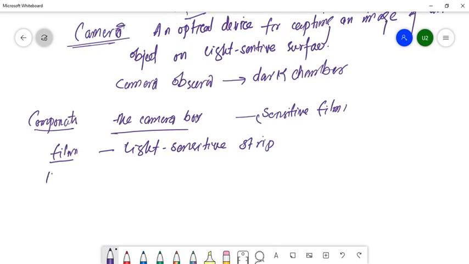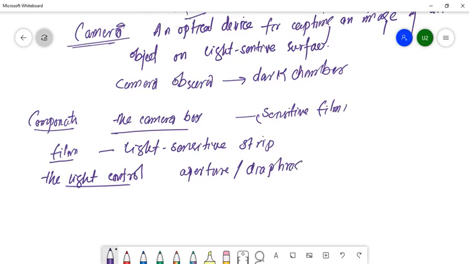And another one is the light control, and it consists of an aperture, also called diaphragm, plus shutter, which is adjustable.